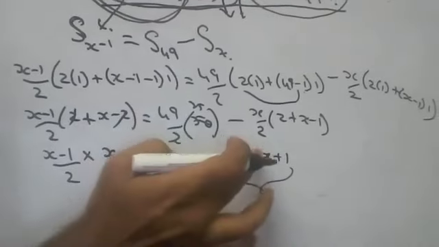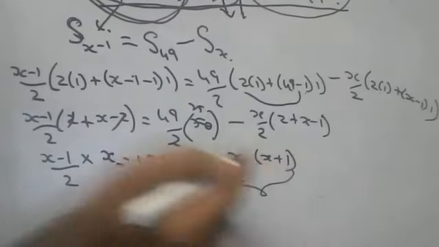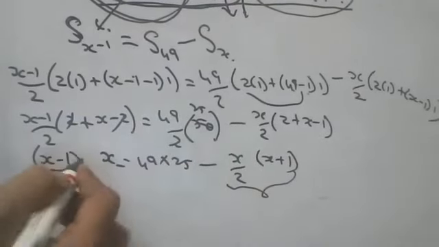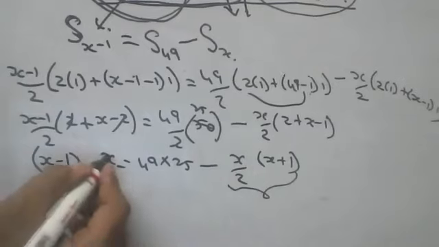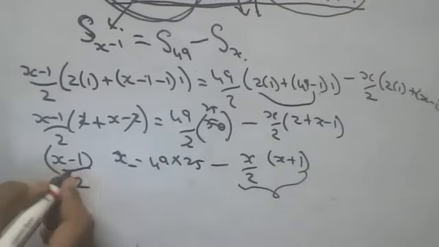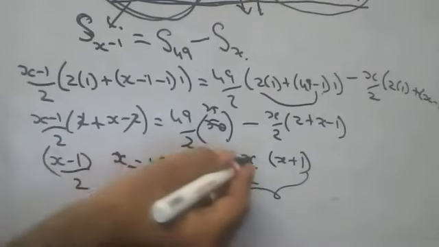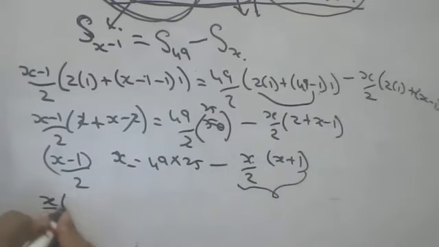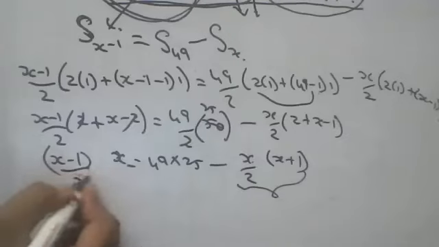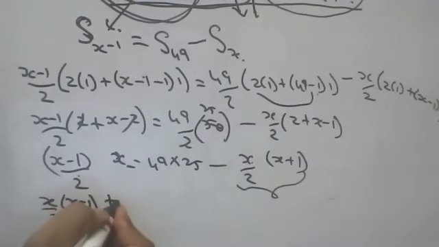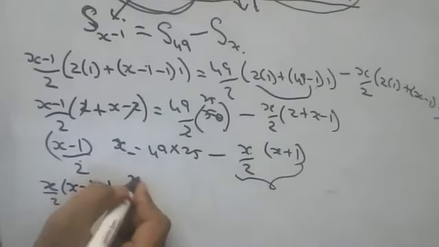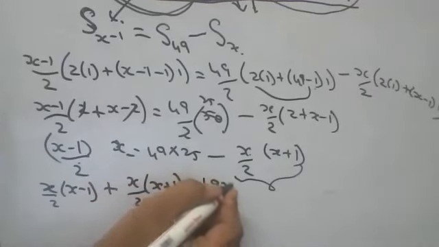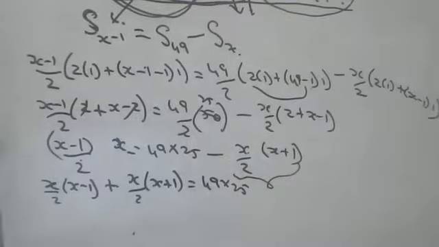Please listen carefully. Here there is X by 2 into X minus 1 already. This whole thing is coming here: plus X by 2 into X plus 1 is equal to 49 into 25. I hope till here everyone understood.